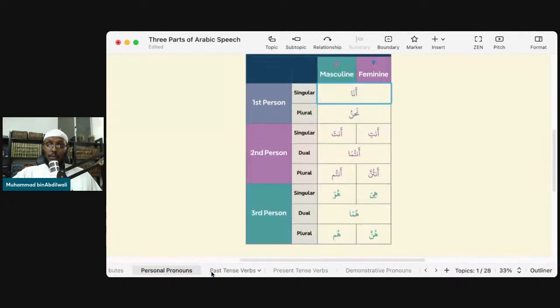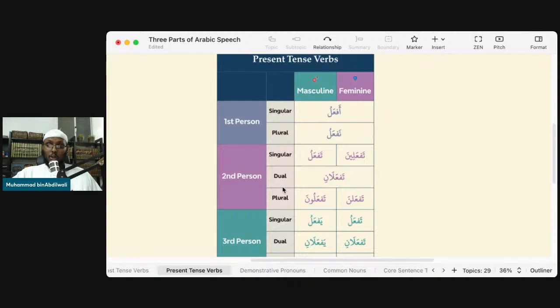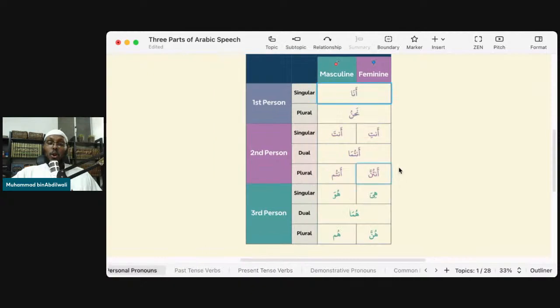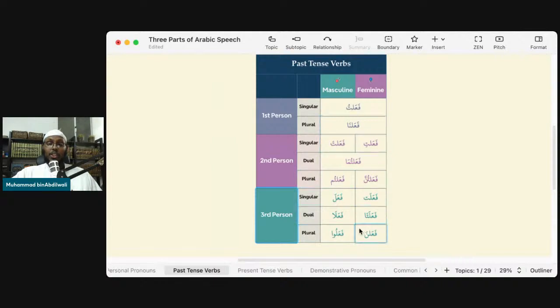But for the rest, look, can you see that? 12 and 12. Okay. And then look, this is present tense. You see? Also the same. Okay. So really, the challenge here is this. The challenge is, how do you know which pronoun goes with which verb? That's the challenge. This is basically what verb conjugation is about.